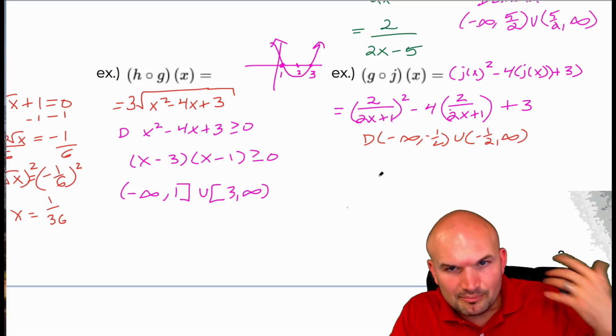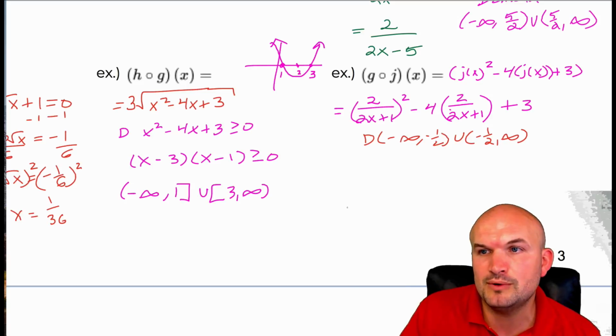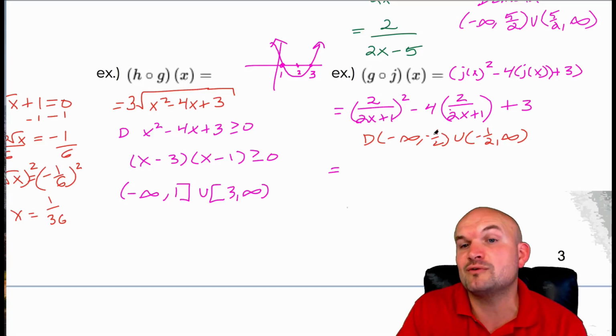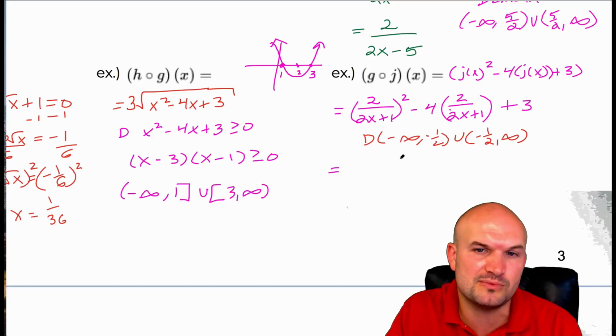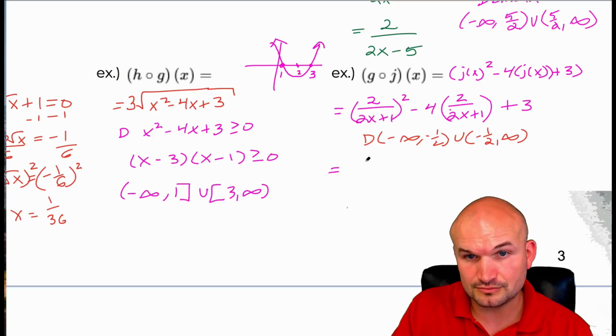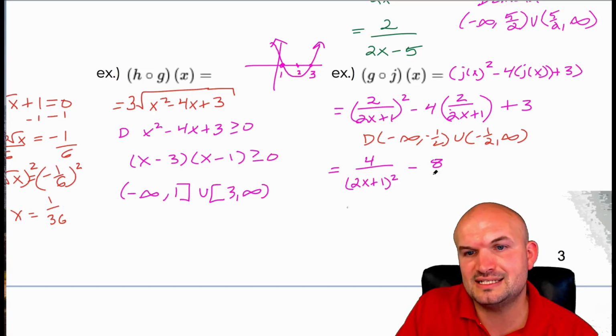Now, as far as simplifying this, that really depends on what your teacher expects from you, or if it's a multiple choice question and so forth. We can rewrite this, and if we wanted to, get common denominators. If we squared this, we would get 4 over 2x plus 1 squared, minus 8 over 2x plus 1, and then plus 3.